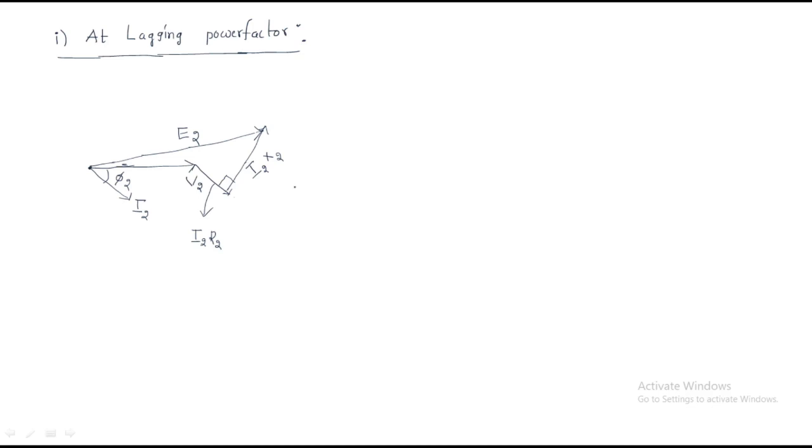So in this case, the voltage regulation value is I2R2 cos phi plus I2X2 sin phi, divided by V2, into 100. This is the voltage regulation at lagging power factor.